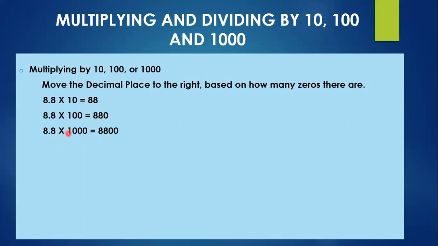Or 8.8 multiplied by 1000: we have to move three places towards the right, because 1000 has three zeros. So one place, and there is nothing, so we take two zeros. So you will get 8800.